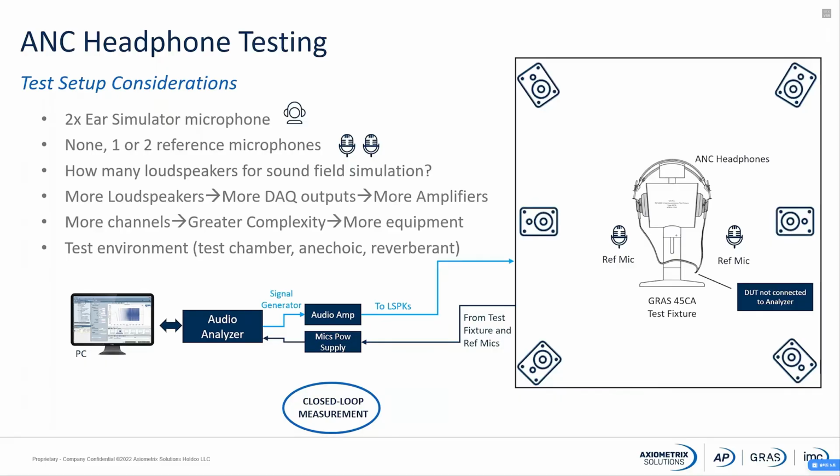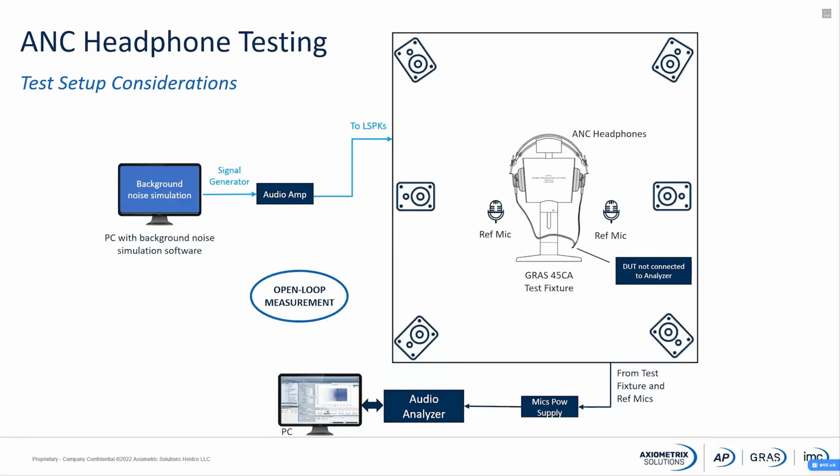And I'm mentioning this because we can also have a setup in an open loop measurement, and this would be a perfect example of that. So open loop here refers to a test in which the audio signal is not generated, passed through the DUT, and analyzed in one continuous operation. Here we are using a completely different system for signal generation and a completely different system for signal acquisition and analysis.